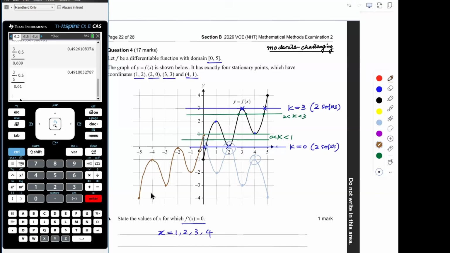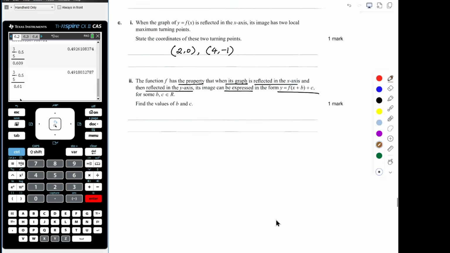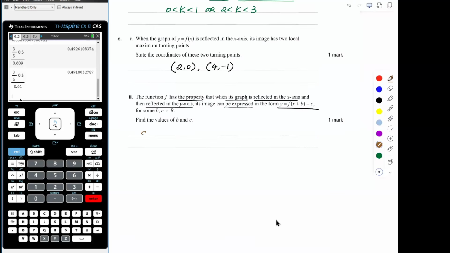Yep, 5 units to the left. Then we need to shift this corner down by 3 units to match 1 here, and shift that down by 3 units. Yep, so we say shift f of x 5 units left and 3 units down.